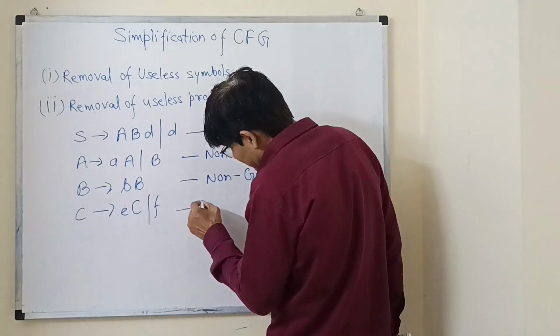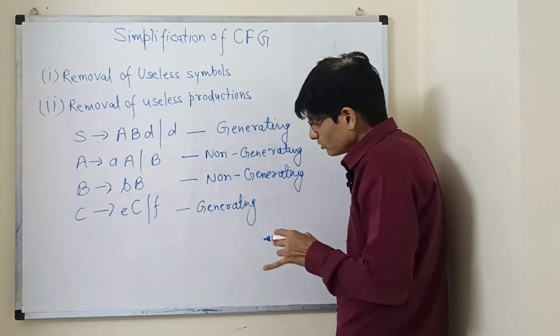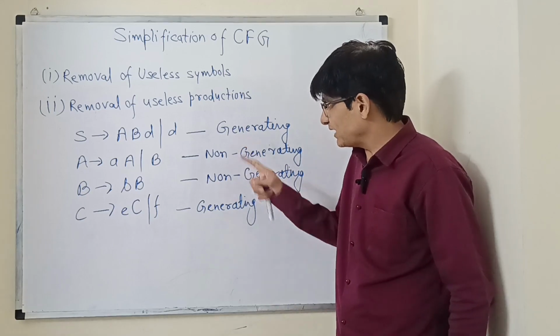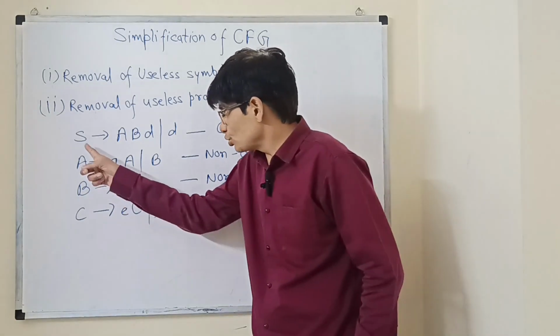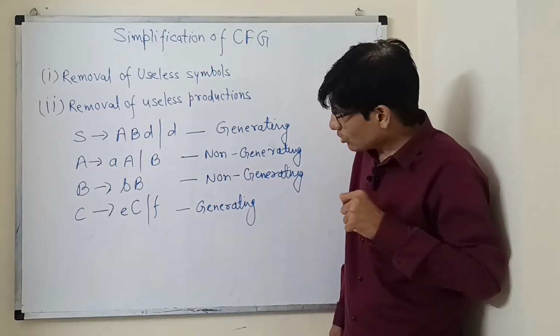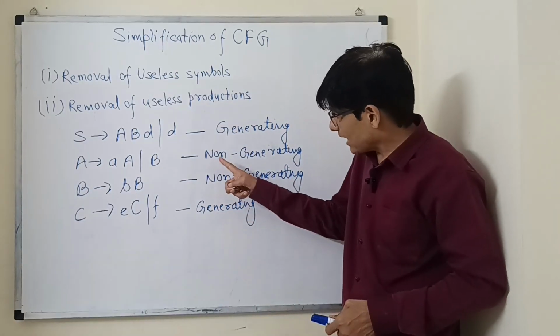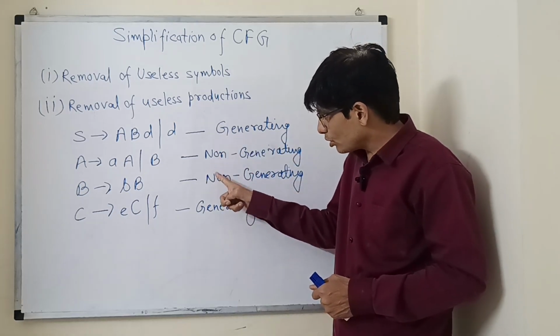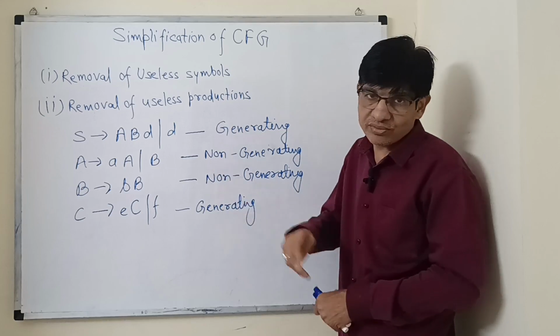So I can consider it as generating. So now we have identified the two types of variables in this grammar: generating and non-generating. So now, as we have identified the non-generating variables, we can simply remove all these non-generating variables from here.